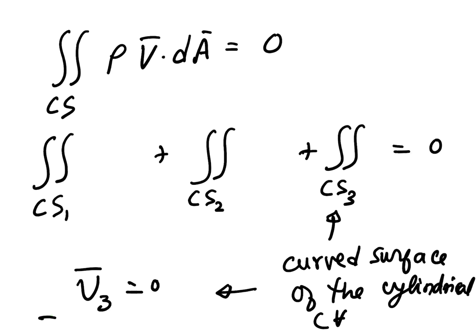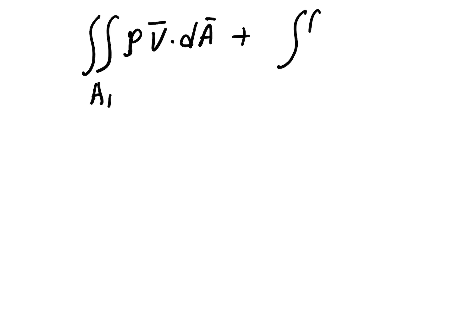So for this term, whatever that integration is, it is simply 0 because the velocity is 0. So I can strike this out. Okay. So I'm left with the integral over surface 1 of rho times V dot dA plus the integral over surface 2 of rho times V dot dA. Okay. Now this is equal to 0.